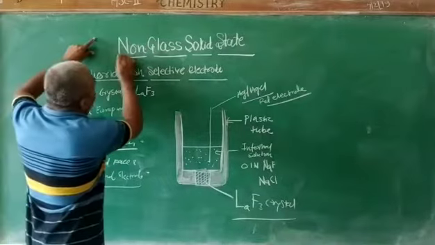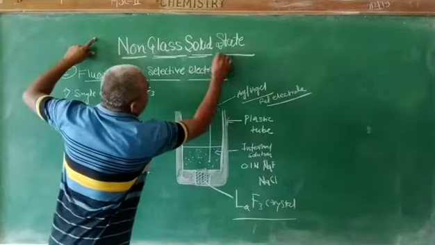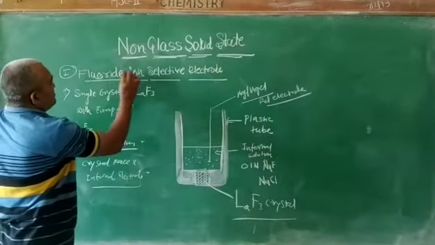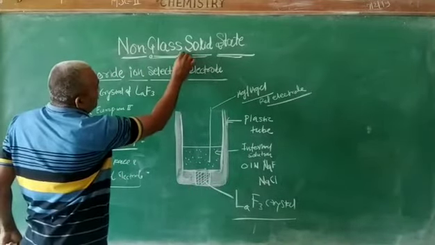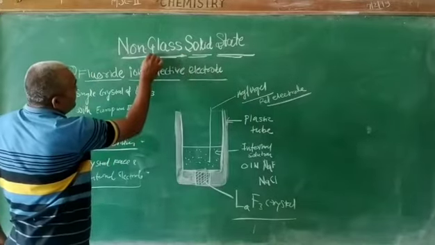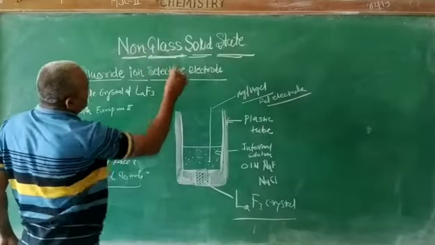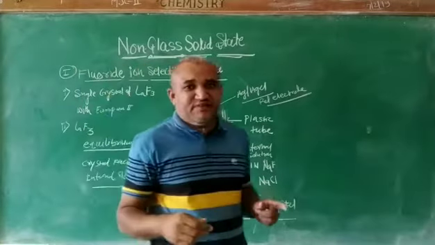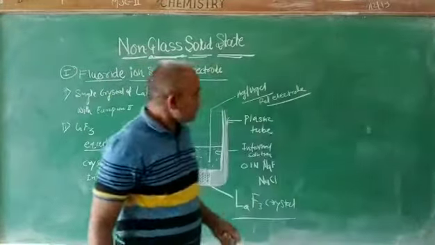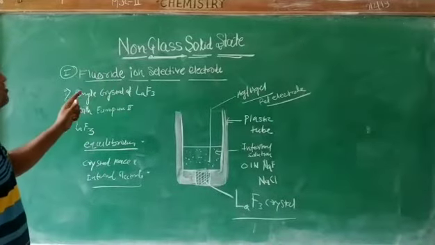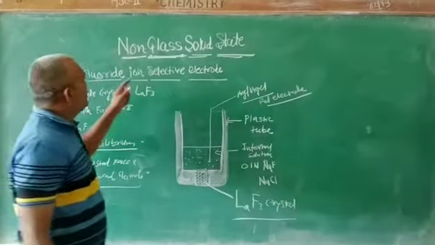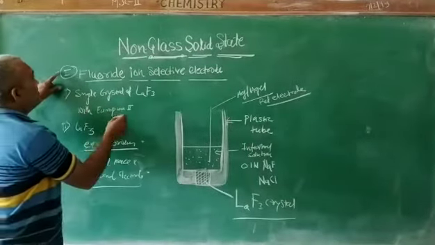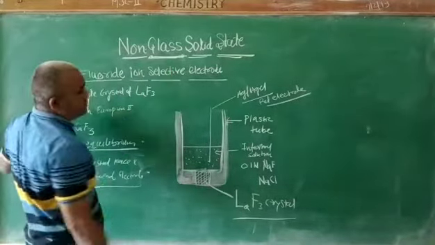So, for the non-glass solid electrode: in the glass electrode, we see the glass membrane, a glass permeable membrane, where the exchange of ions takes place. In the non-glass solid state electrode, we use crystals in place of glass.